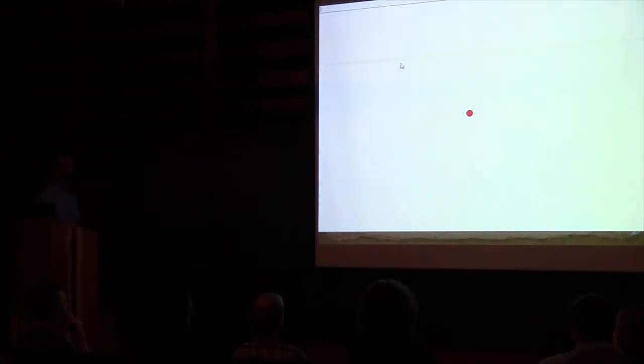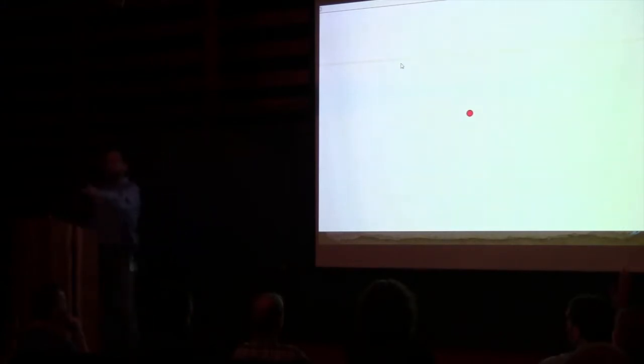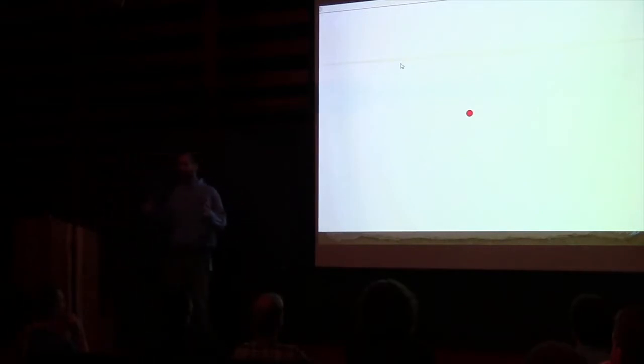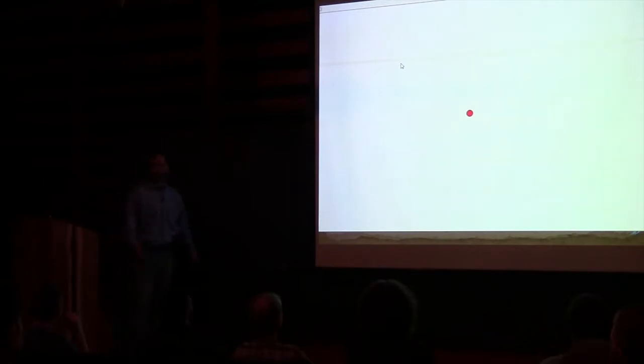Raise your hand if you can describe what you see on the screen here. There's a red dot. Okay. Does anybody want to refine that a little bit? It's centered, right? And static. So what do you mean by static? It doesn't move. It's not moving, right?